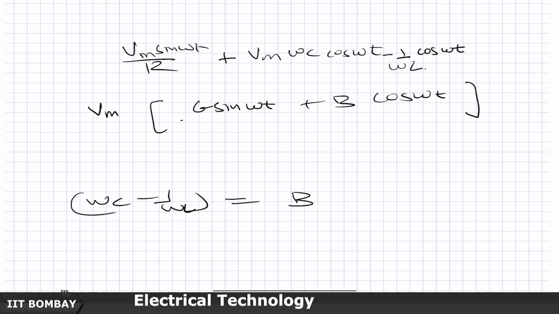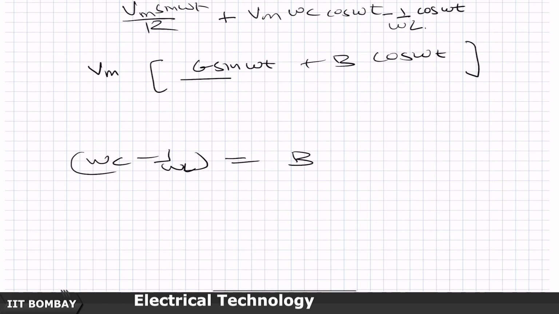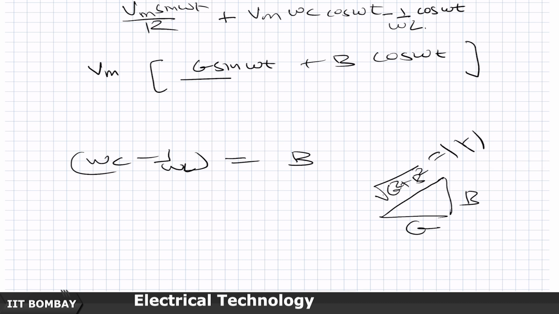And now you can see that I should be creating a right angle triangle with G and B, and this should be the square root of G square plus B square, which is called the admittance.